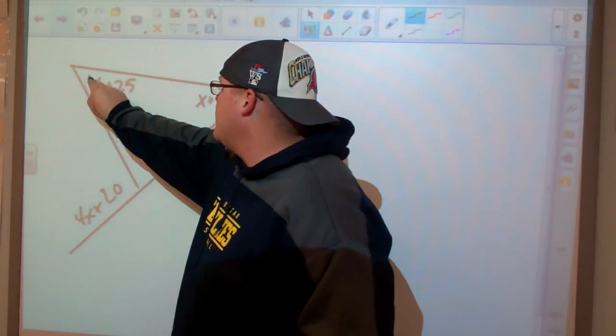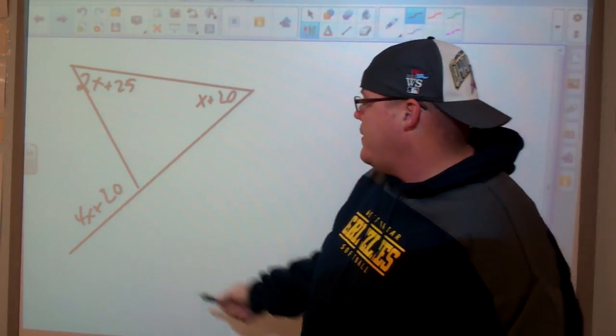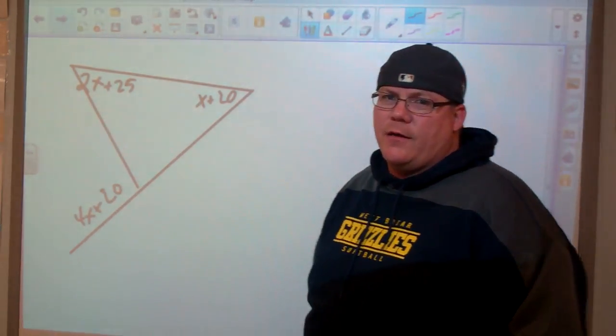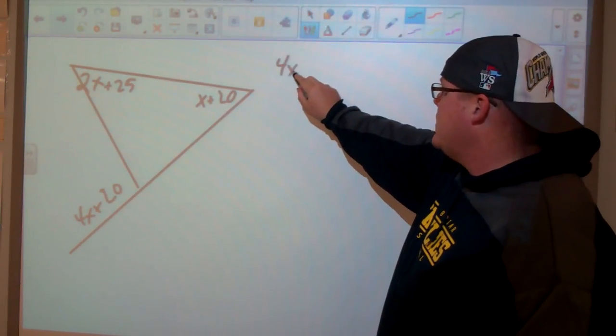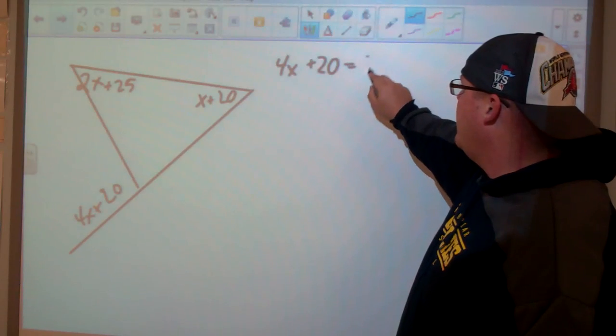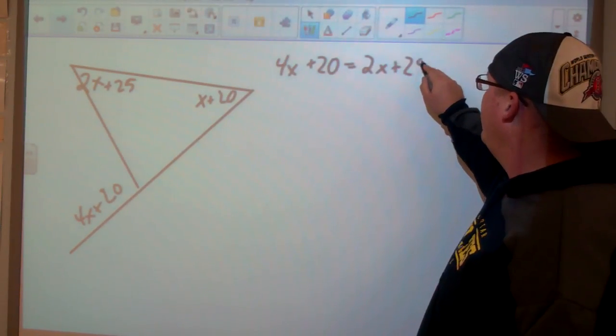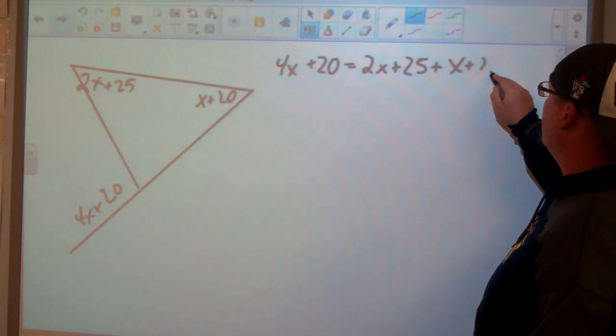We stated that this angle is equivalent to these two angles, so I'm going to write the equation: 4x plus 20 equals 2x plus 25 plus x plus 20.